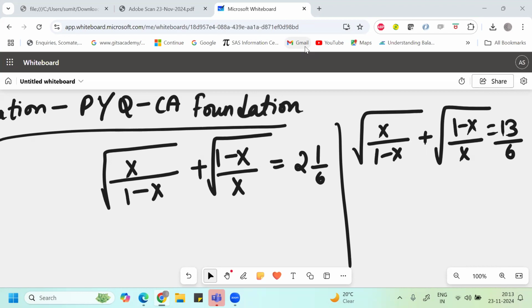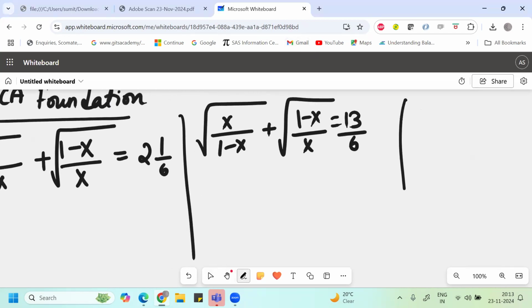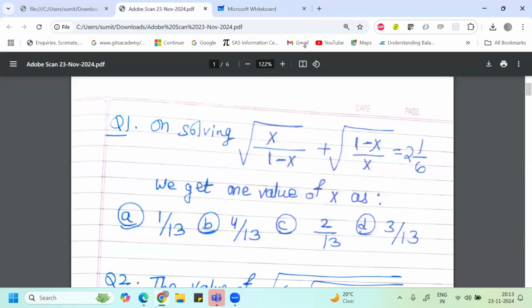Anyone? So imagine if four options are there. If I first tell you by options, the first option is 1 by 13, right?